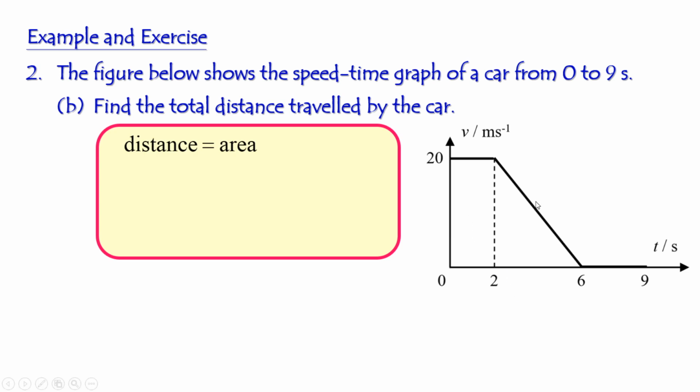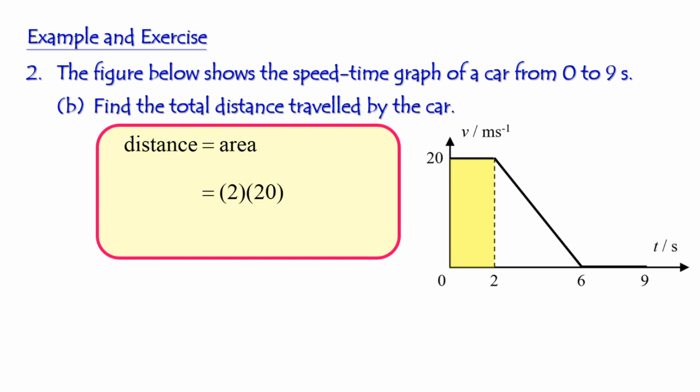So it is this area. So you can divide the area into 2 parts. For the first part, it is a rectangle. So how to find the area of a rectangle? It is simply the base length times the height, right? 2 times 20. And for the second part of the graph, it is a triangle.